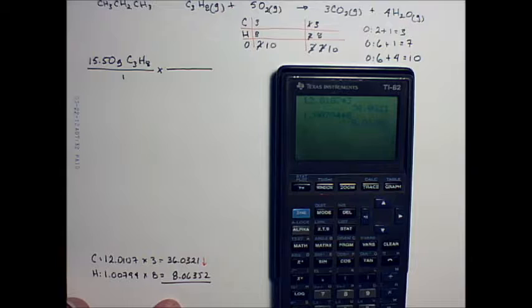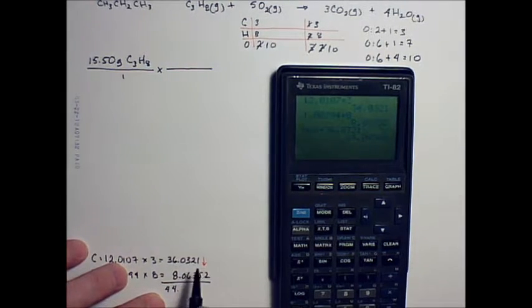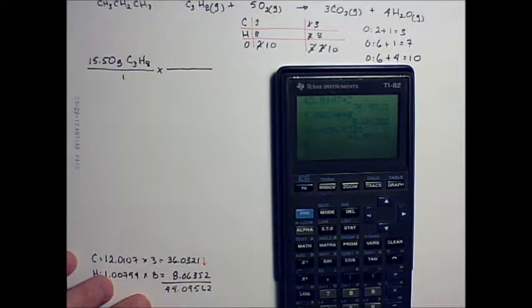So I add these two numbers together now. And I get 44.09562. But that last digit under the arrow in that column gets rounded off.